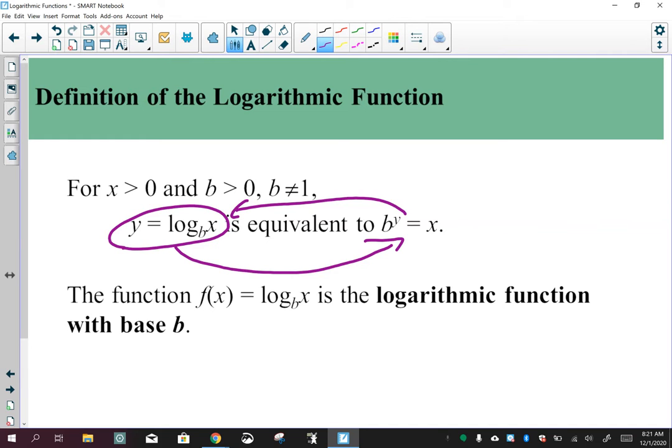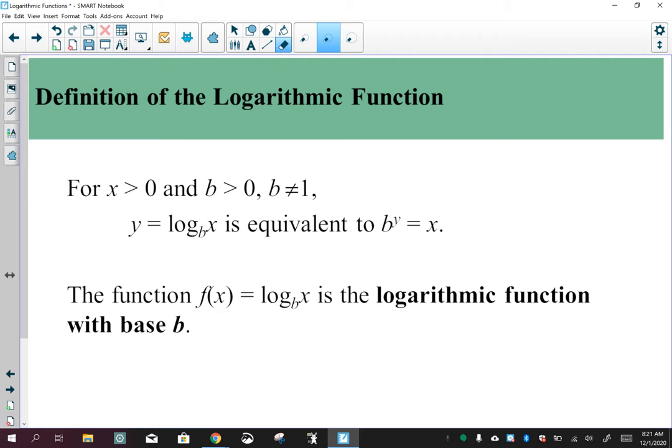So it's just like this circle here. Now, reasons why we might want to change it from a log to an exponential, it might be easier to solve the equation in an exponential format versus in a logarithmic format. So just by taking a look at this and looking at how things are written, your life might be a little simpler by changing it from log to exponential or exponential to log.